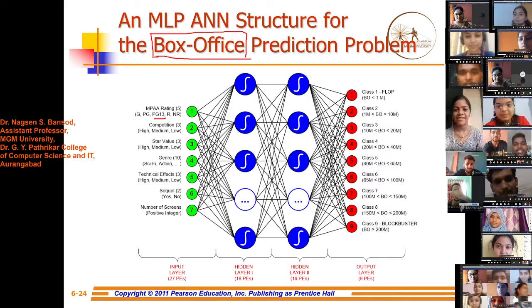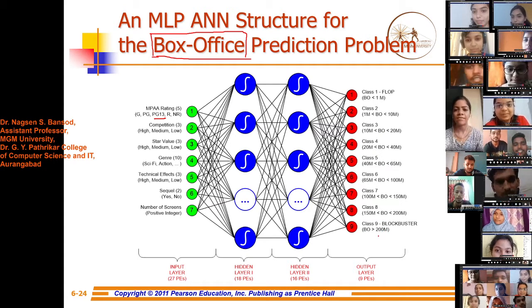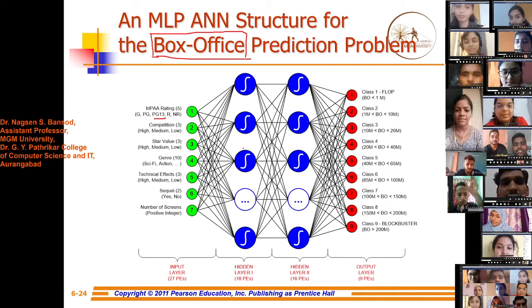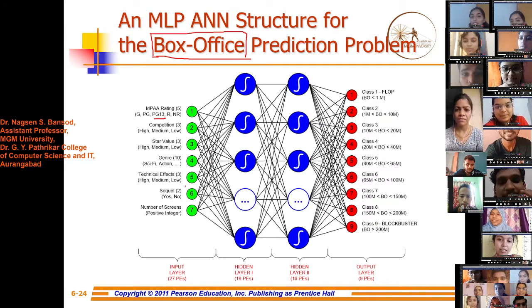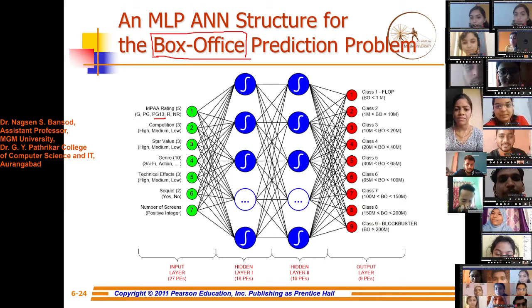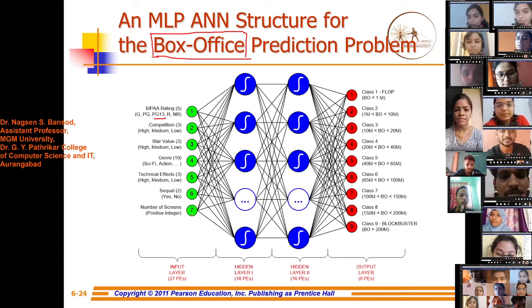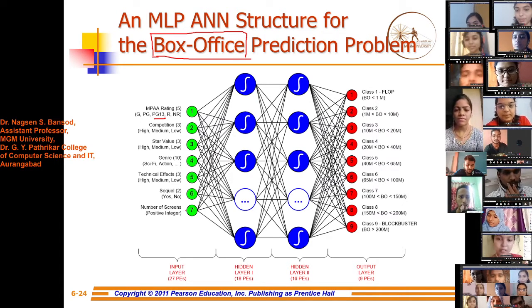To classify this, we can use a neural network. To solve this problem, we can use a neural network. In the first step, we provide input. There are 1, 2, 3, 4, 5, 6, and 7. Seven parameters are there as input.